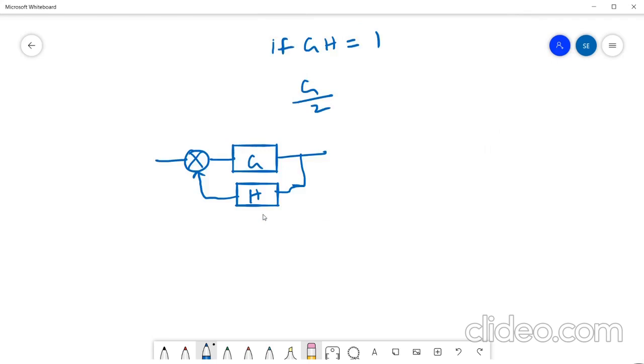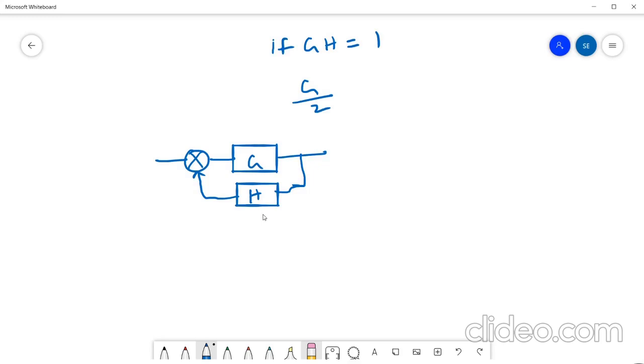So when GH is minus 1, it is influencing, and the system goes unstable. And what if I give another feedback here, say F, and take it to another error detector, and give it to R of S. So this is E1, this is E2.